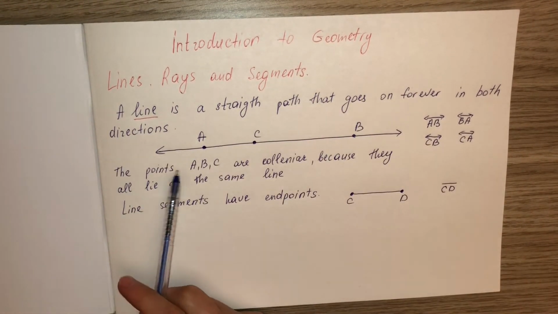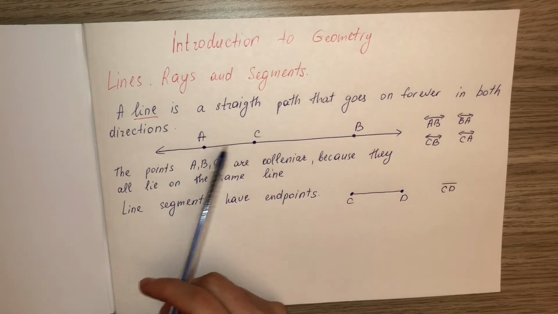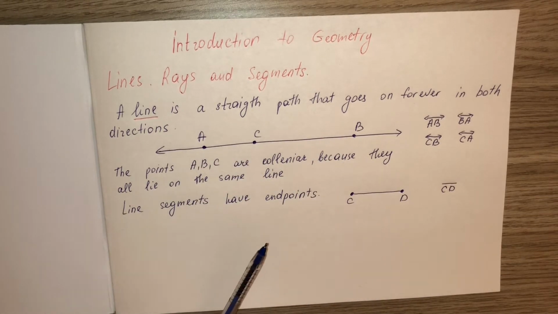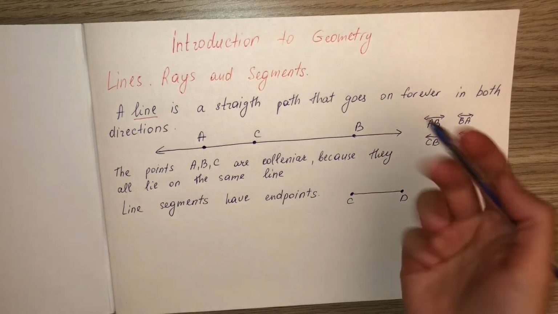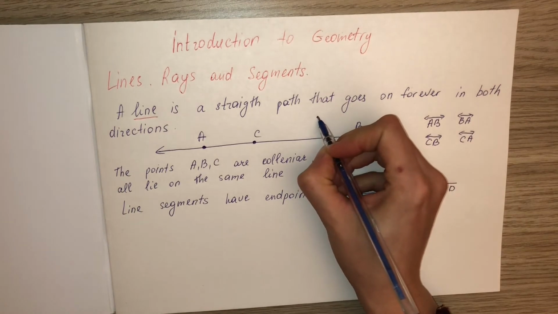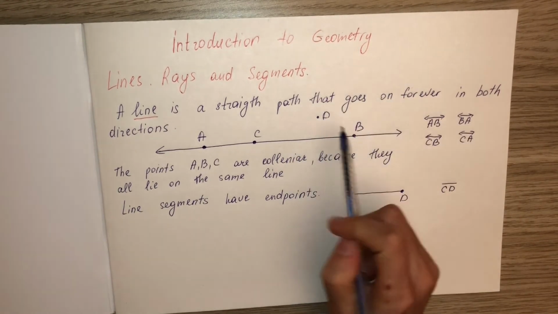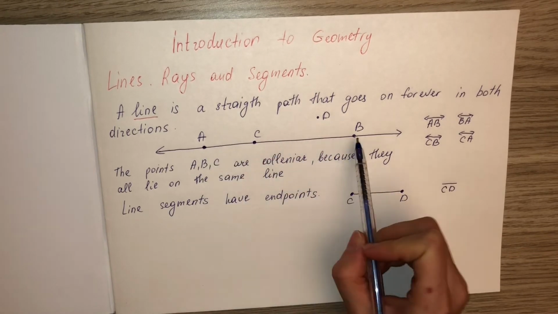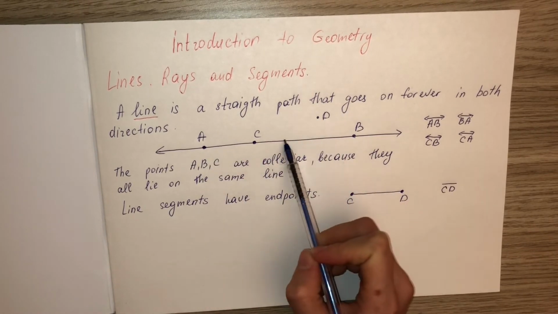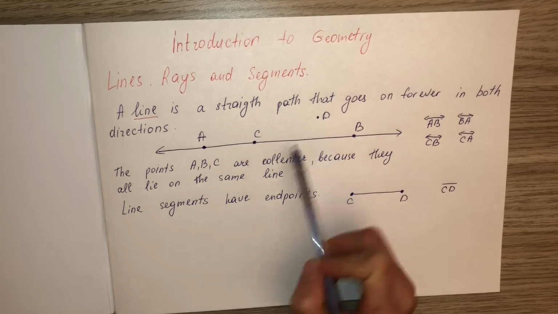So the points A, B, C are collinear because they all lie on the same line. If there is another point here, for example D, this point D is not collinear with these 3 points because it does not lie on this line.